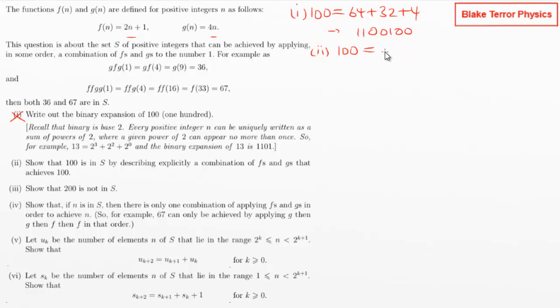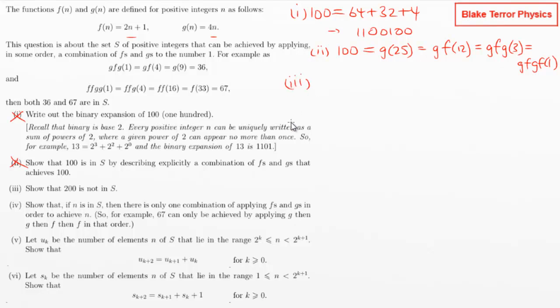So 100 has got to be G of 25. 25's got to come from F, so that'd be GF of 12. 12 has got to come from G, so that's GFG of 3, which then has to come from F, so that's GFGF of 1, and we're back to the start. So that worked out okay.